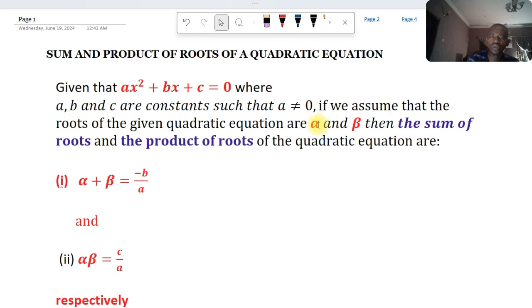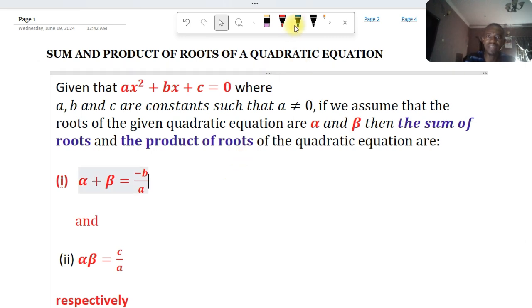Now let me just take your mind back to the last video where we got the root of a particular quadratic equation using the quadratic formula.